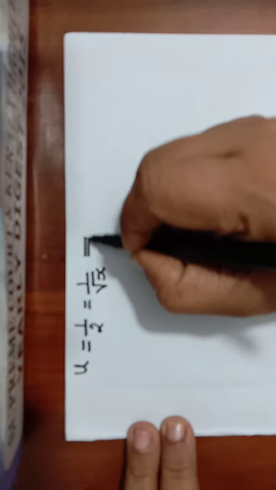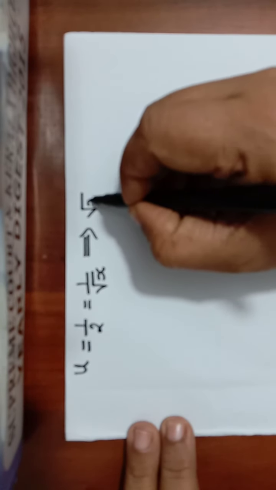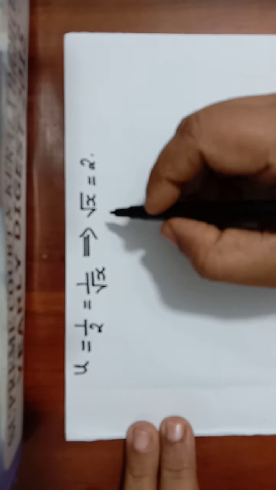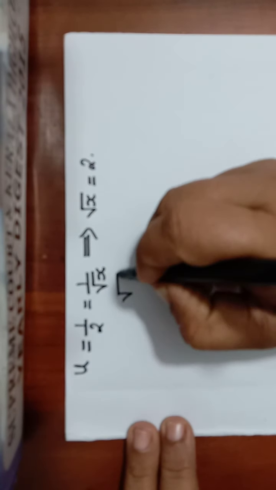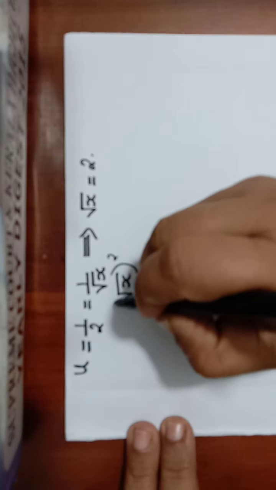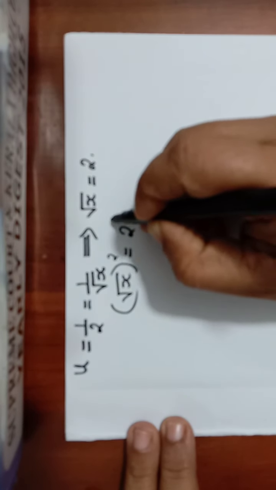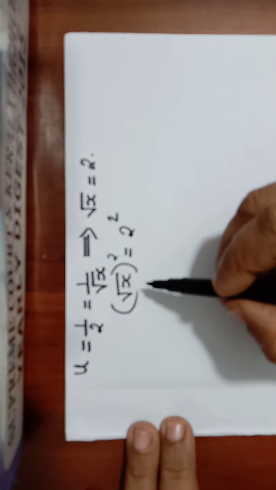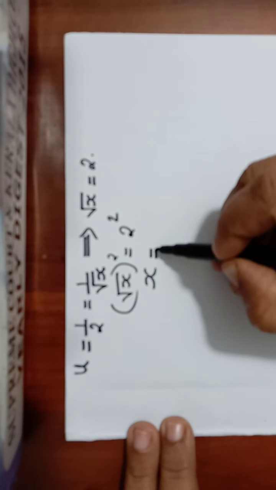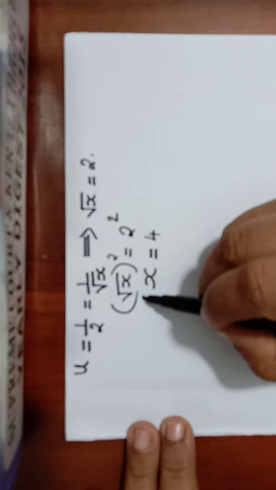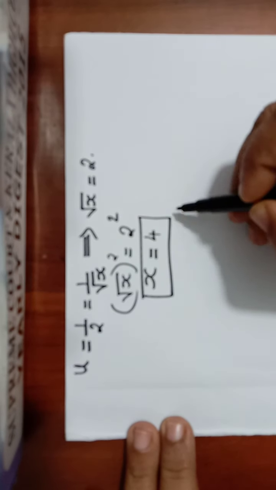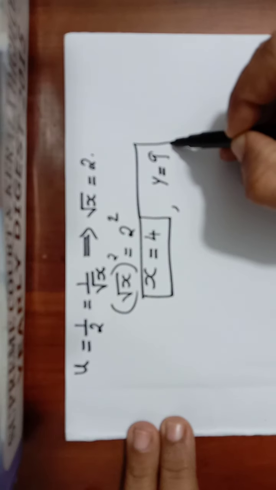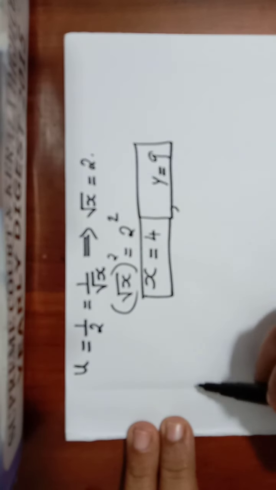We can say that root x is equal to 2. In order to get x, we have to square on both sides. Root x whole square is equal to 2 square. Therefore, x is equal to 4. Therefore, our solution is x is equal to 4, y is equal to 9. This is how we get the answer.